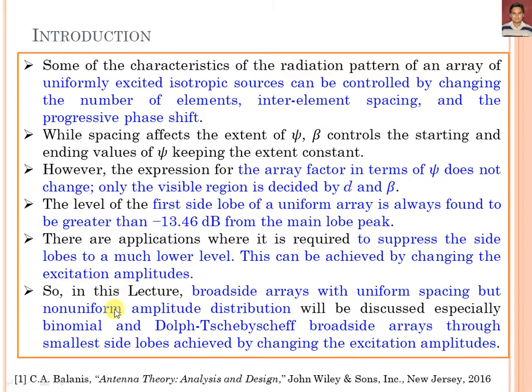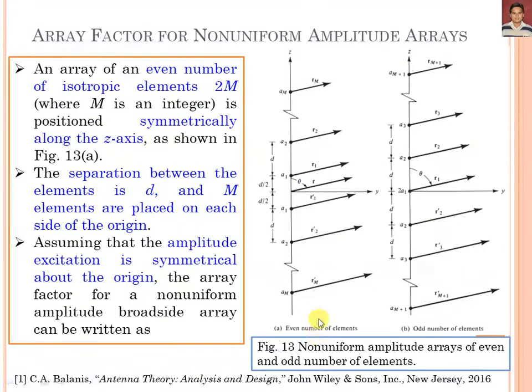This is important in the non-uniform array. We discuss the n element non-uniform linear array using two procedures through which we can change the excitation amplitude, known as binomial and Dolph-Chebyshev broadside arrays.